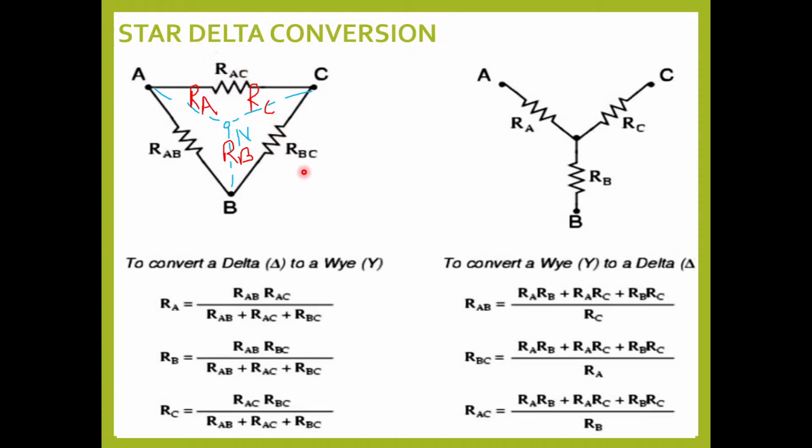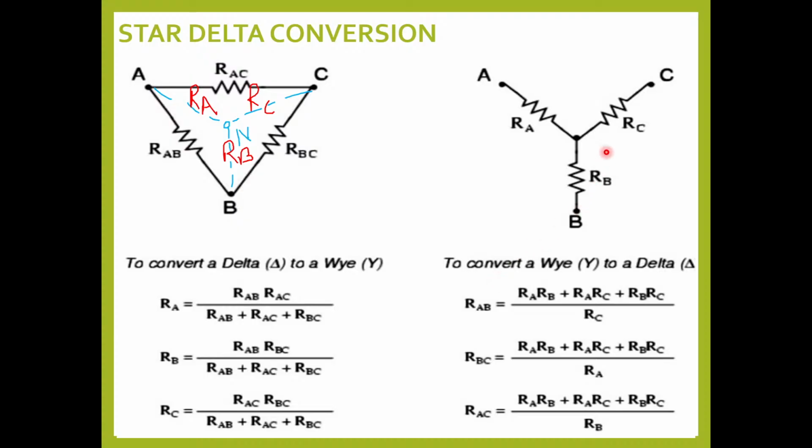RAC and RBC is there. Therefore, RC is RAC into RBC whole divided by RAC plus RBC plus RAB. Okay, so directly from delta connected resistors, you can get the values for star connected resistors.